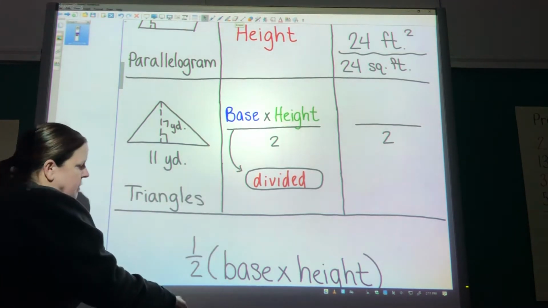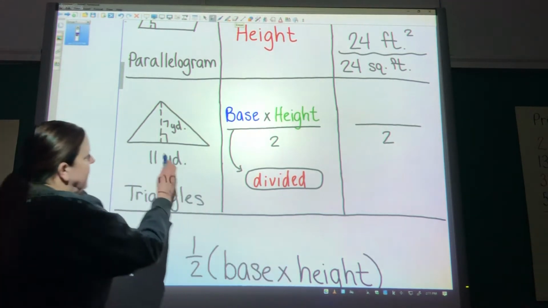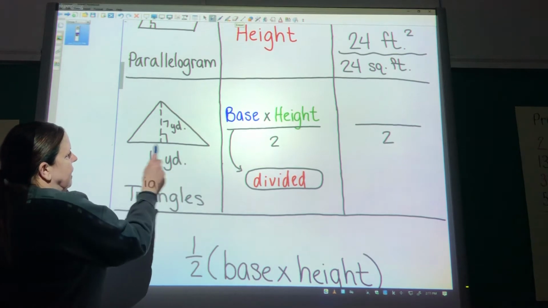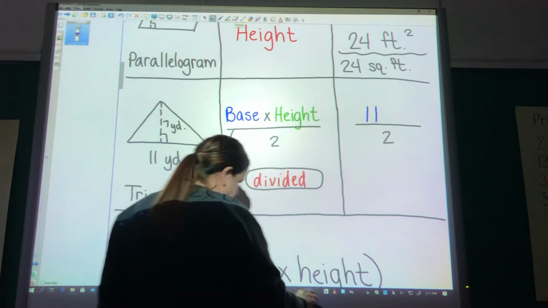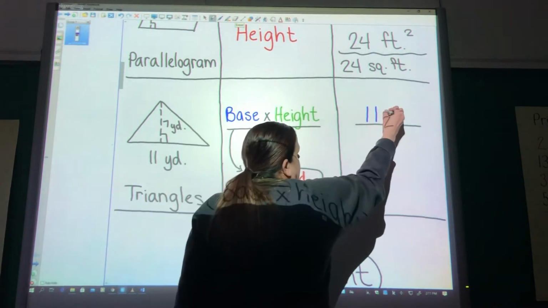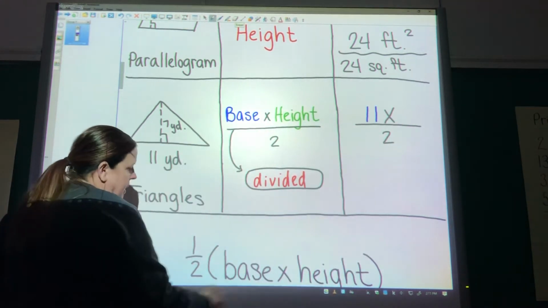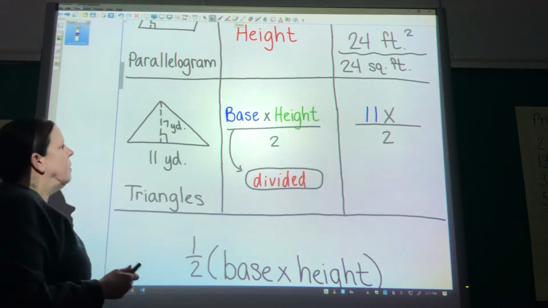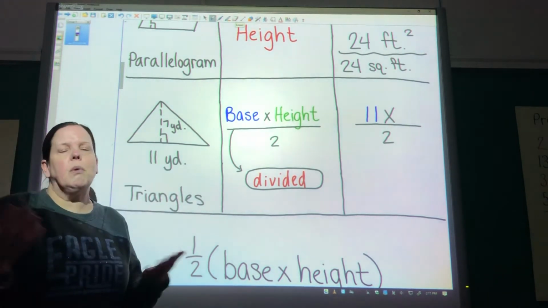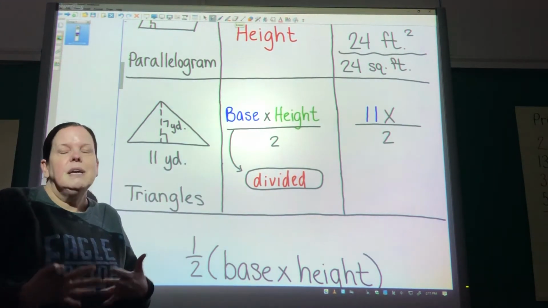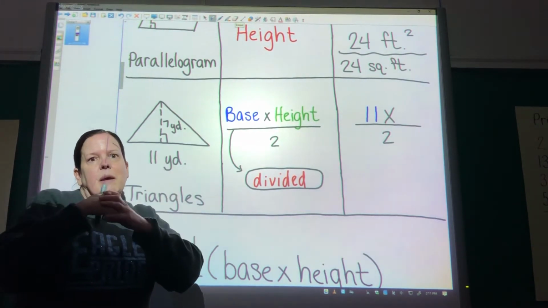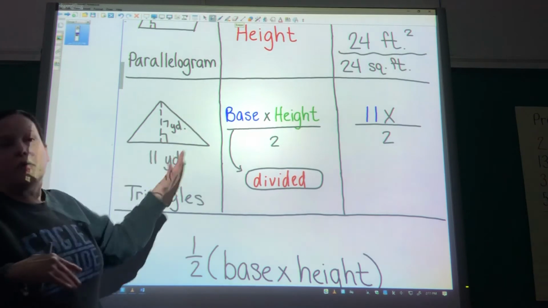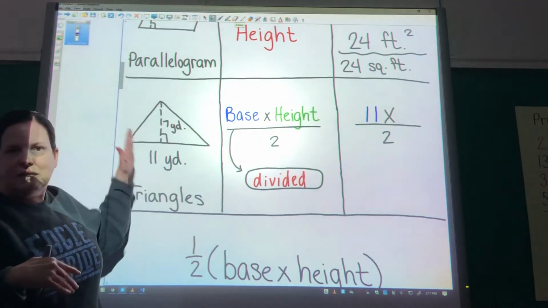Okay? So our base is right here, the 11. So we have 11 times, and then our height, and again, on these triangles, you only have the 2 labeled. This is going to be a little more important when you maybe have all the sides labeled as well as the height.